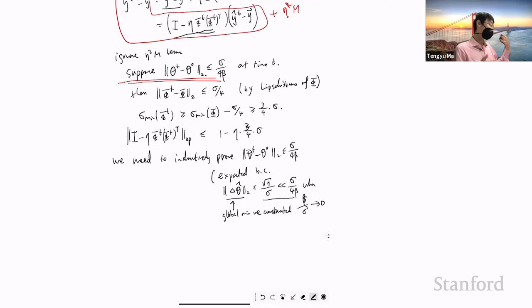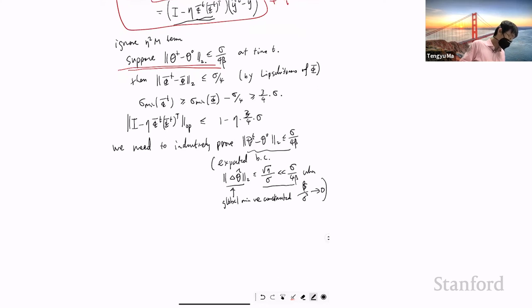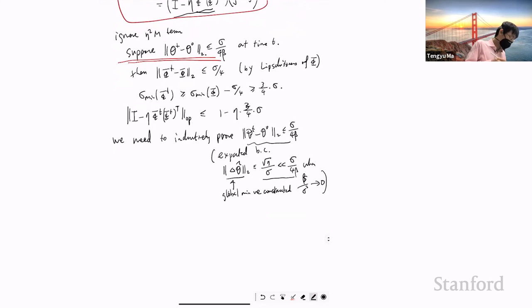If there exists a global mean within this region, why should you leave this region, right? That's why you should somewhat expect that it's always within this region. And how do we formally do this? I think formally you just do an induction, right?